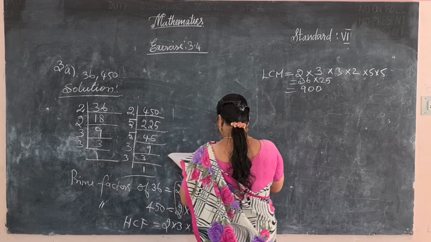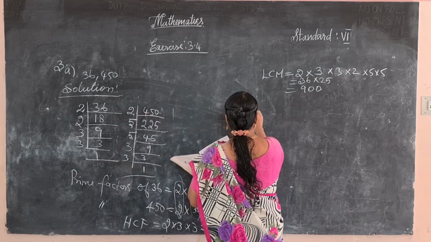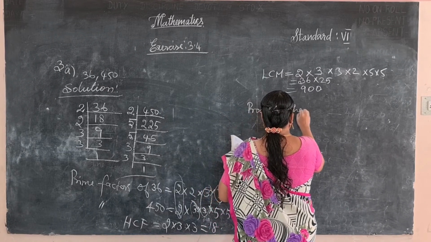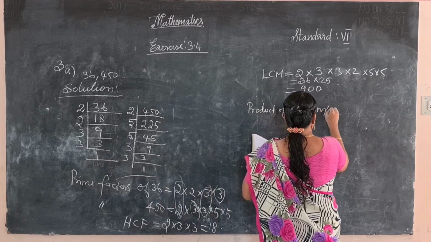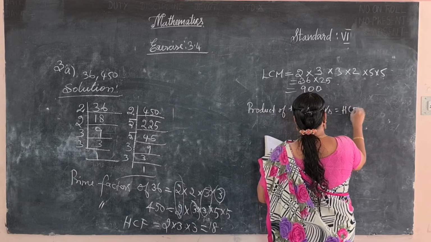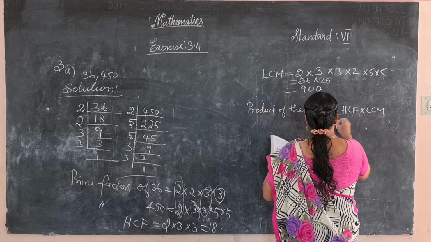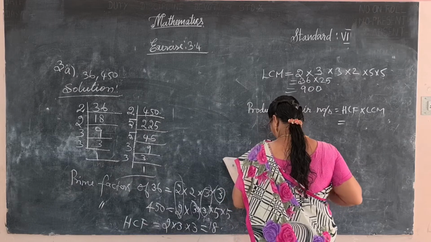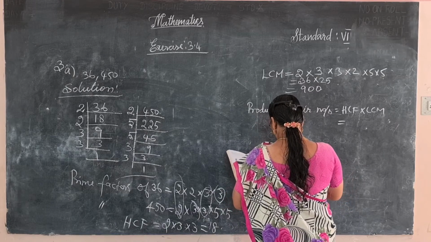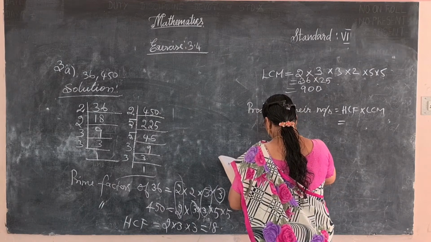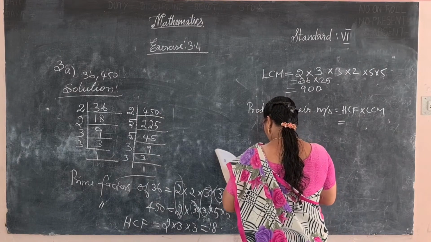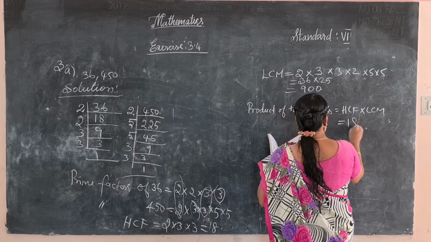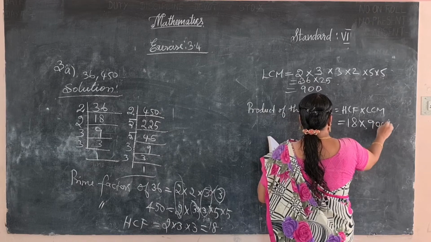So product of their numbers is equal to HCF into LCM. What is the HCF? Verification. Verify that the product of the numbers is equal to HCF into LCM. HCF value is 18. LCM is 900.